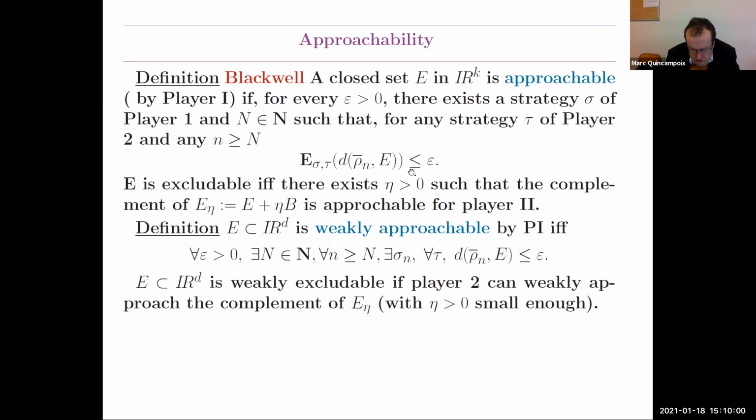And in all my talk, all the distances are Euclidean distances. So a set being approachable is a uniform property. It means that for every epsilon there is a strategy which is good for every action of the second player and for every n large enough. We have the precise definition.